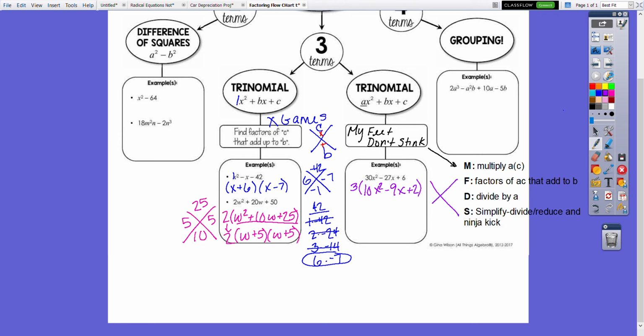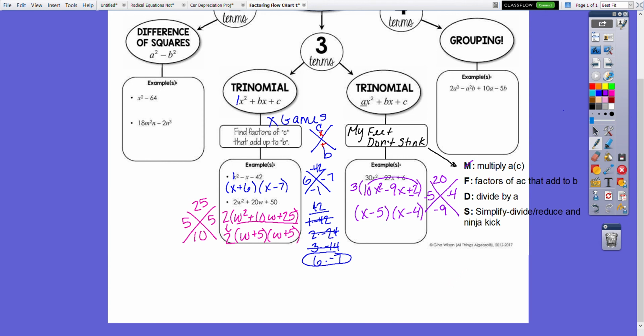And now when I draw my x, I'm finding numbers that multiply to 20, because M means multiply 10 times 2, and add to negative 9. So because you know that this sign here is positive, I need to have 2 of the same, so what multiplies to 20 and adds to 9, 5 and 4, and they both need to be negative. So for now, x minus 5 times x minus 4 is what's going to go in there.